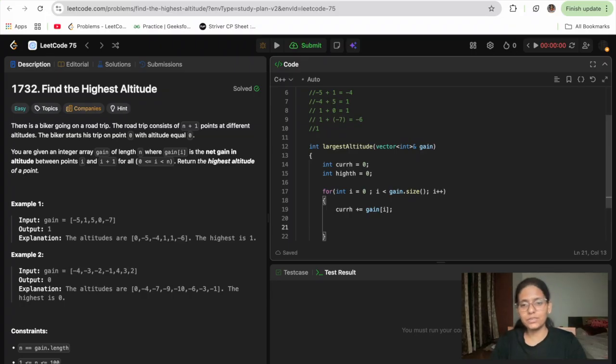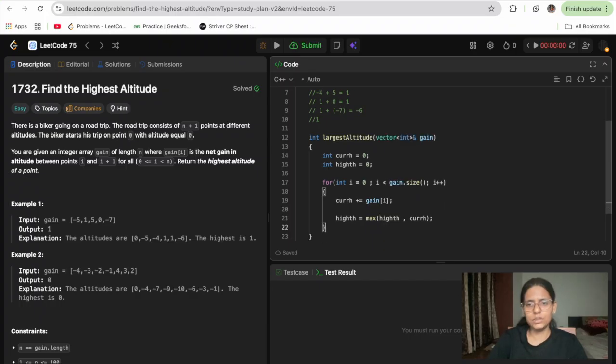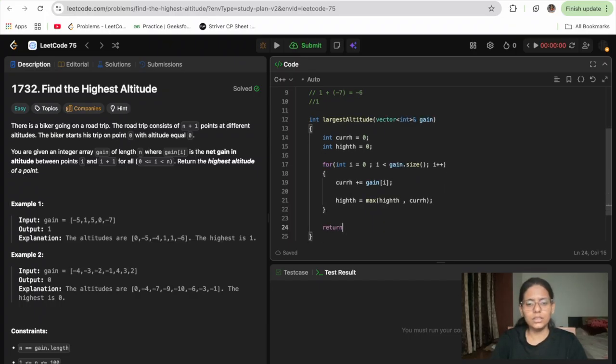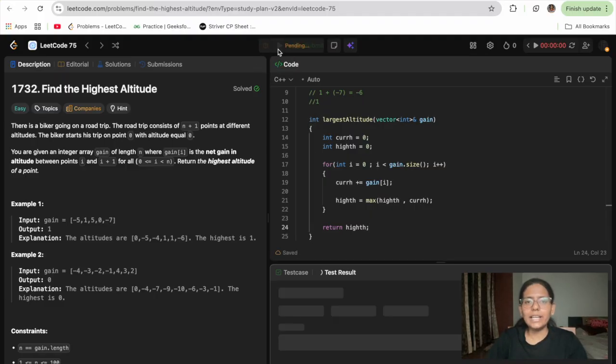For that we have the max function: my highest height achieved till now is the maximum of the highest height and the current height. And I'll return the highest height that I have achieved, and that will be my answer.